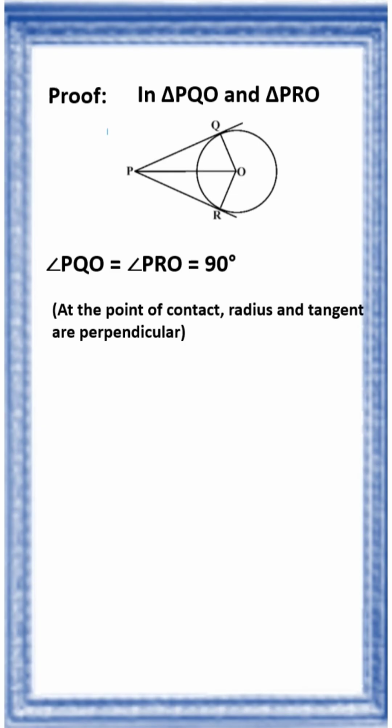Proof. In triangle POQ and triangle PRO, angle PQO is equal to angle PRO, that is equal to 90 degrees, because at the point of contact, radius and tangent are perpendicular. OP is equal to OP, common.